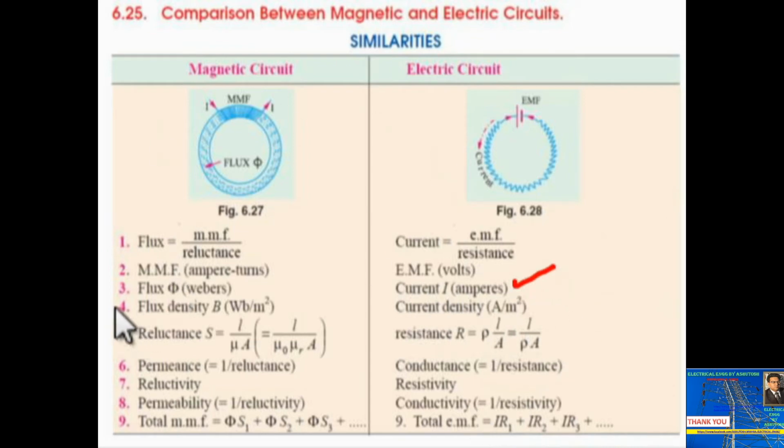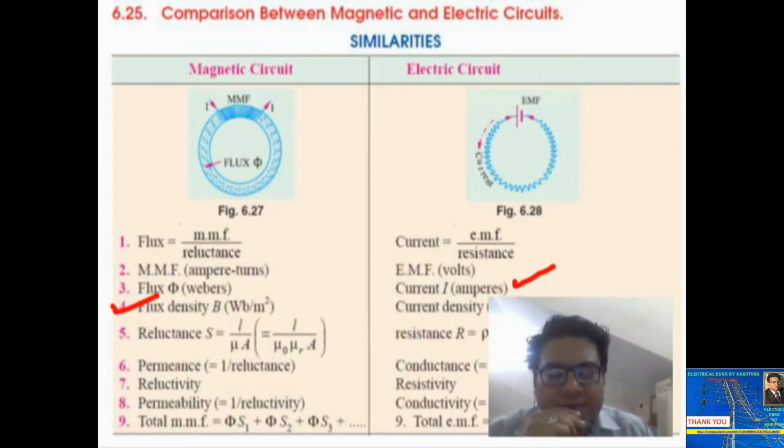Then fourth point, you see there will be flux density, that is B. Flux passing per unit area is called flux density, and its unit is Weber per meter square. It is denoted by capital B. Another unit of flux density is Tesla.